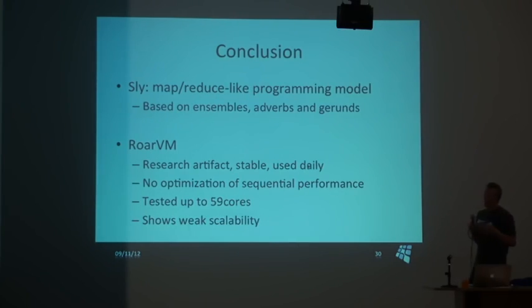The raw VM is a research artifact. It's not entirely up to speed, but it's useful for experiments, especially if you're interested in parallel Smalltalk. Go grab it, experiment with it. You will see all the warts, but you can still experiment with parallel Smalltalk.